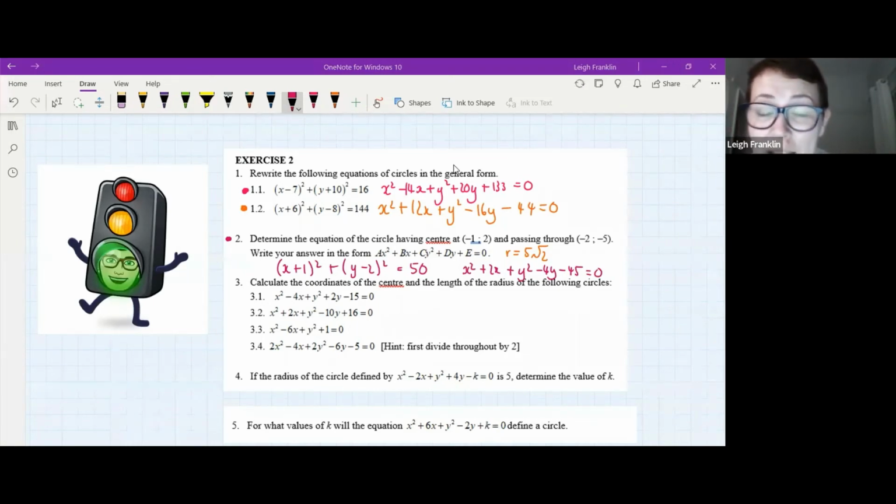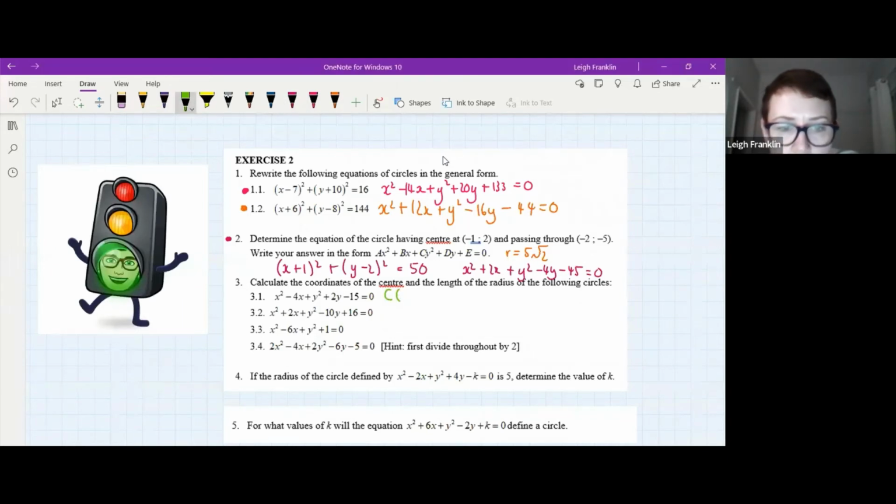Okay, would you like to do one of the questions from question 3? Yes, ma'am. Go for it. Which one did you do? 3.1. Okay, so what did you get as the coordinates of the center and the length of the radius for number 1?